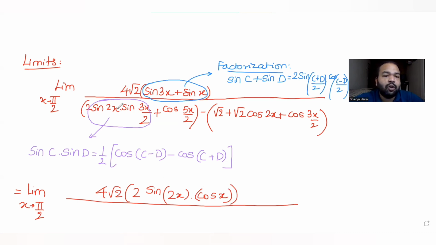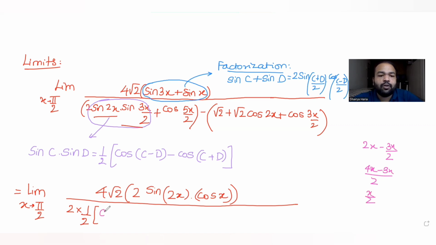Further, I can solve the denominator also. I get 2, and sin c into sin d I can write as half of cos of (c minus d), that is 2x minus 3x by 2, which is 4x minus 3x by 2, so x by 2.